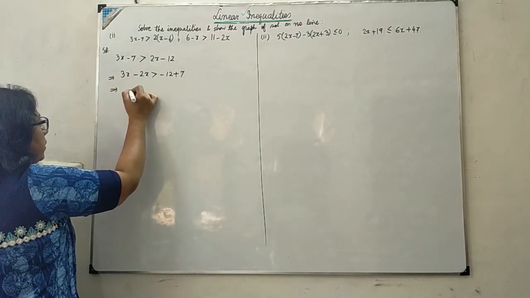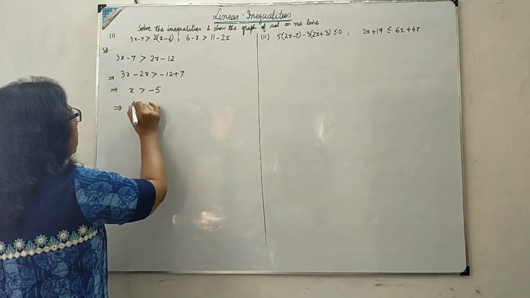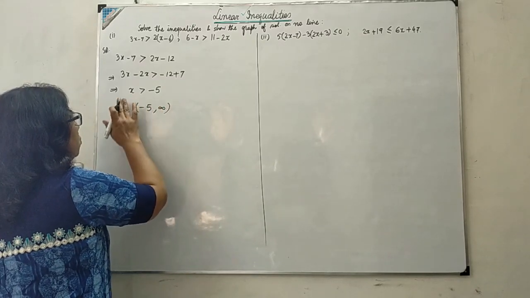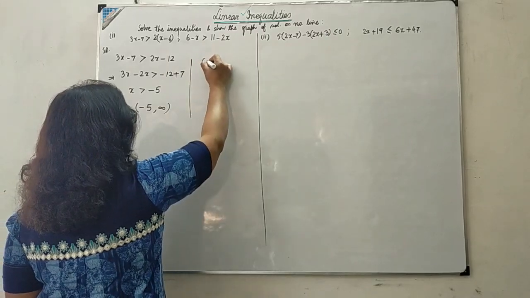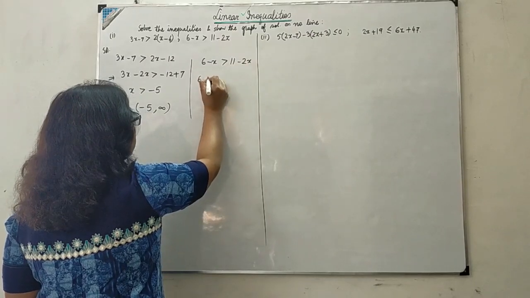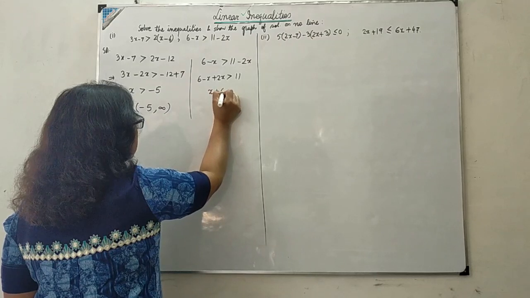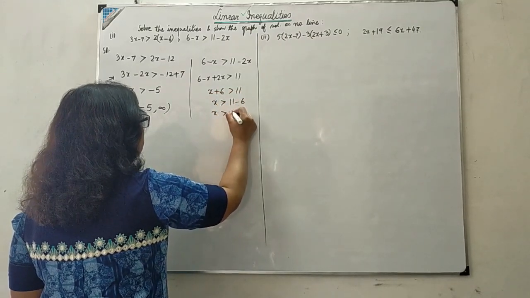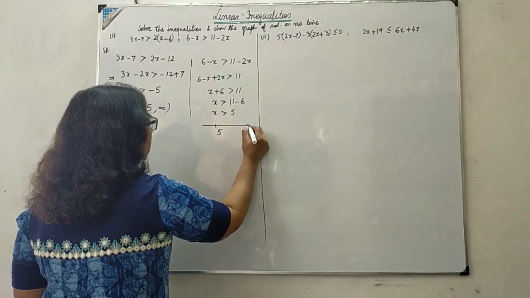So x greater than minus 5, which is minus 5 to infinity. This is the solution for the first inequality. And the second part of the same question: 6 minus x plus 2x greater than 11 minus 2x... this is x plus 6 greater than 11, so x greater than 11 minus 6, x greater than 5. This is 5 to infinity.